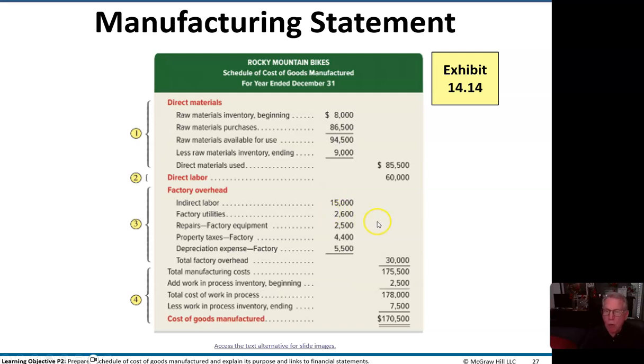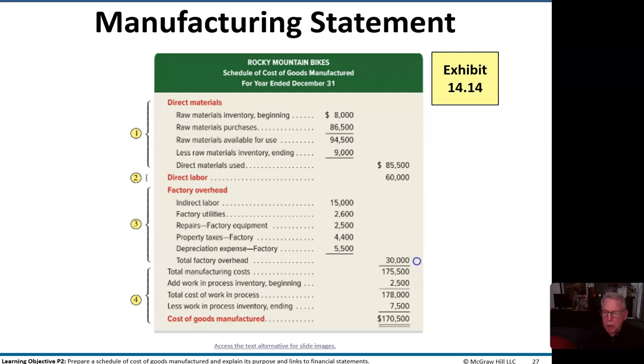But the factory overhead, that's going to include indirect labor, and they don't show it here, but it would be indirect materials as well. Factory utilities, repairs on the factory equipment, property taxes, depreciation expense, maybe rent and utilities and that kind of thing. And that totals $30,000.